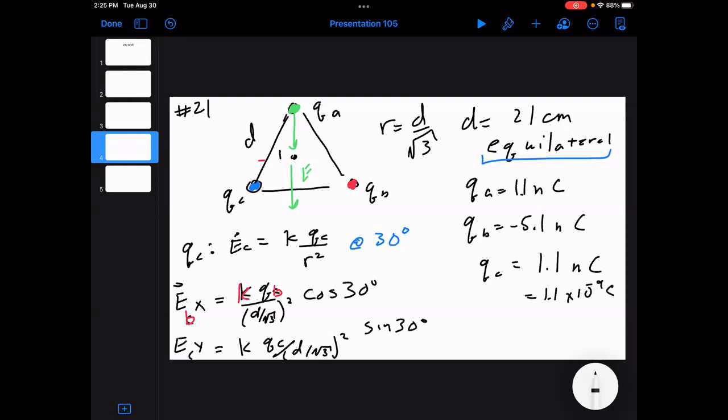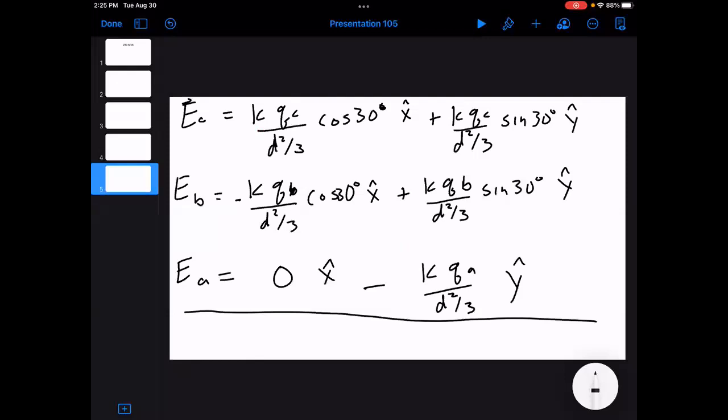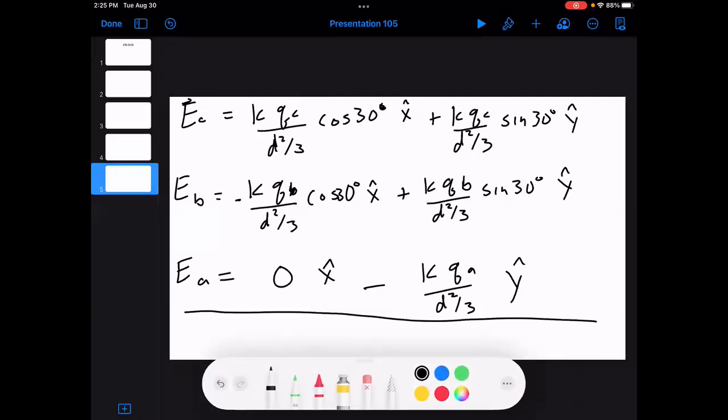I'm going to assume that when you plug that number in there, you're going to keep the minus sign. And so when you plug in a minus sign here, instead of being in the negative x hat direction, it'll be in the positive x hat direction. And here, instead of being in the positive y direction, it'll be in the negative y direction. Is that okay with everyone?